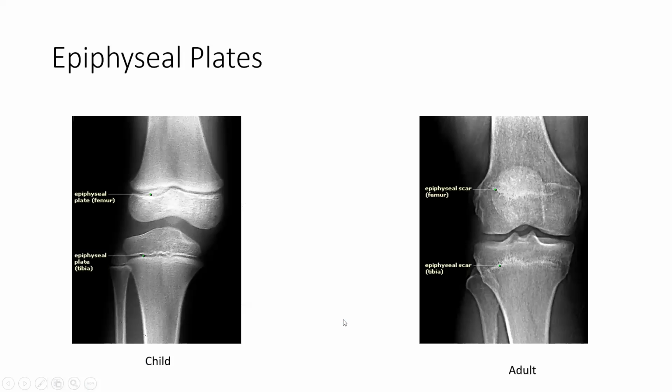Let me show you the next one. So this is the epiphyseal plate I was talking about. Here we have a femur and a tibia and a fibula from a child. Let's just say that it's a 12-year-old. This dark band that you see here, and here, and even in the fibula, is soft tissue.